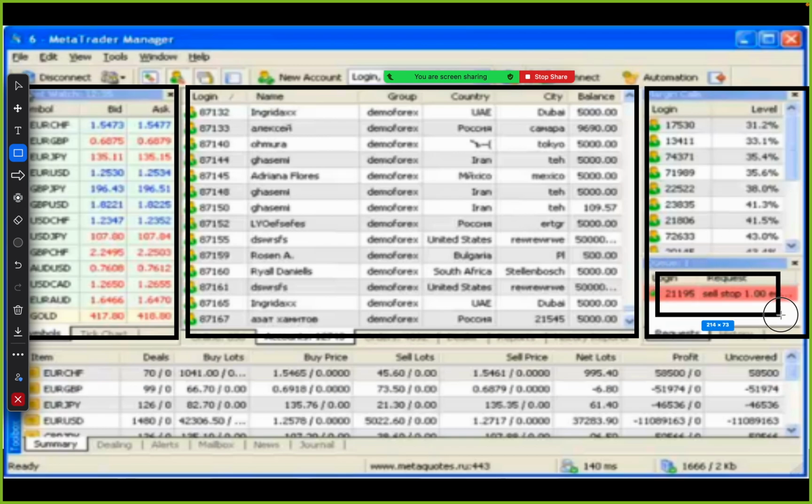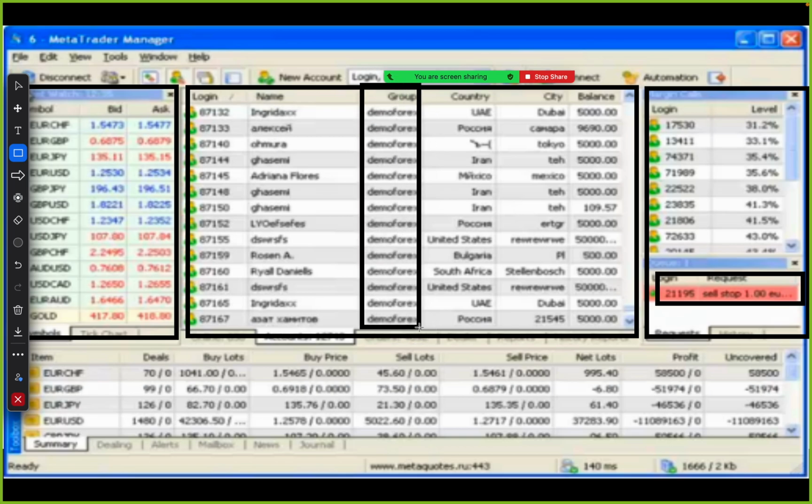So they know who's in margin issues, flashing black and red back and forward on their accounts. They know your account balance, they know your city, they know your country, they know the group you're trading in, whether it's a standard account or micro accounts, whatever it is. Alright? They know your name and they know your logins.